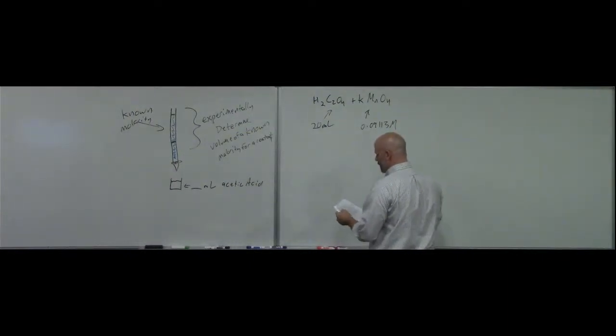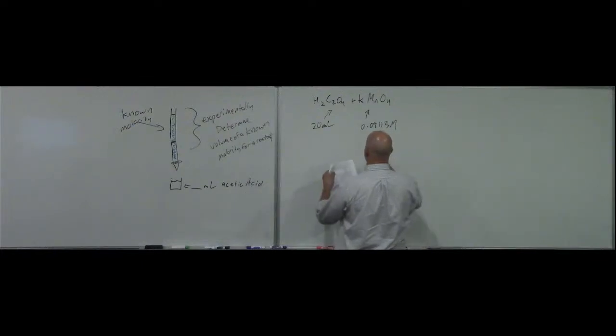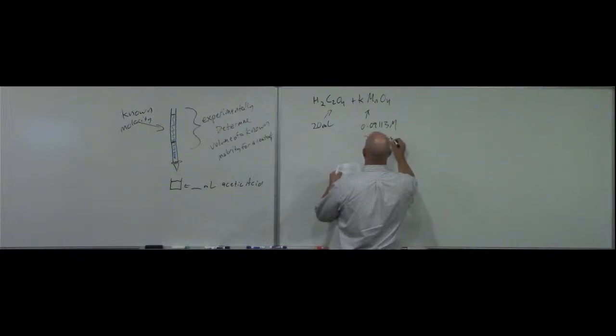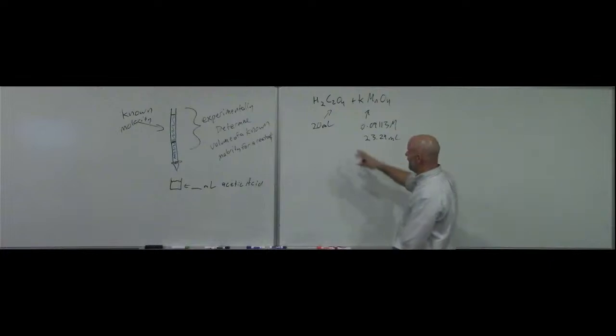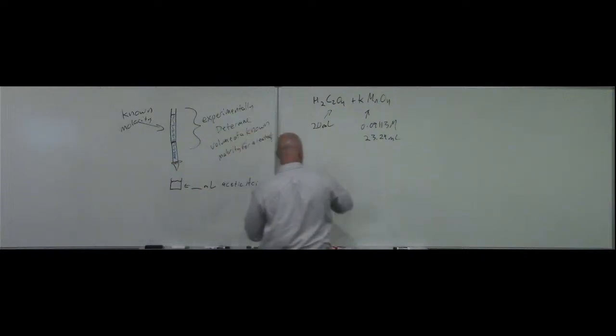And the volume of this is 23.24 milliliters. So we put this into our equations here. This would be my unknown molarity. I've got a volume, in this case, of 20 milliliters.